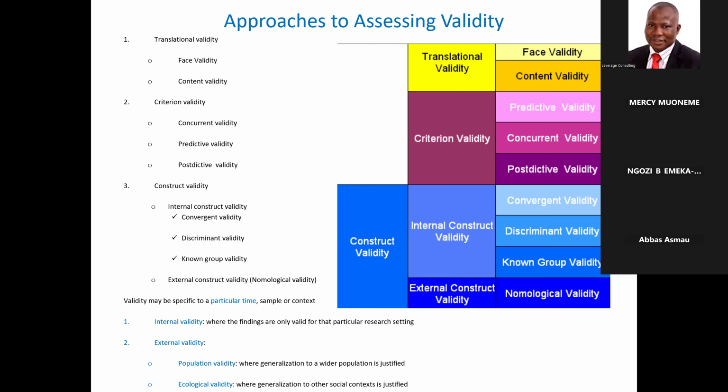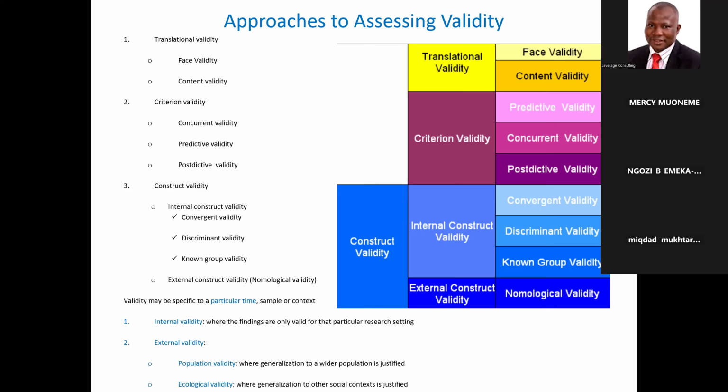So validity may be specific to a particular time, sample, or context. As I have said, it may be specific to a particular instrument, a research tool, or the whole study. Internal validity is where the findings are only valid for that context.